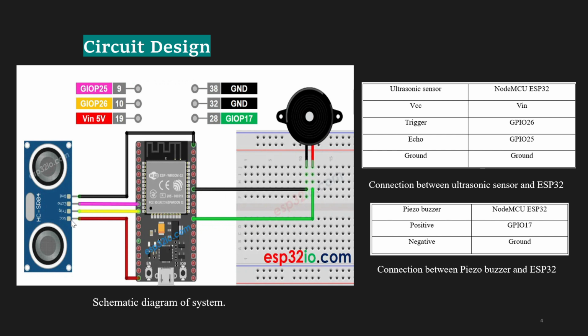Next, VCC of the ultrasonic sensor is connected to VIN, the trigger connected to GPIO 26, echo is connected to GPIO 25, and ground connected to ground.